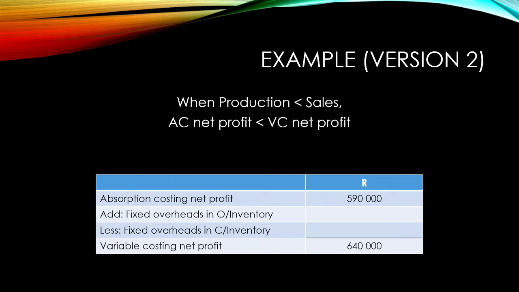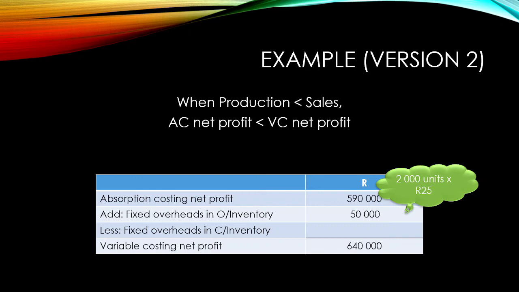Variable costing would have expensed it last year when the overheads were incurred. So absorption costing expensed it this year, but variable costing did not, so we need to add it back. Again, the amount we add back is our units in opening inventory multiplied by the 25 Rand being our fixed overhead absorption rate.